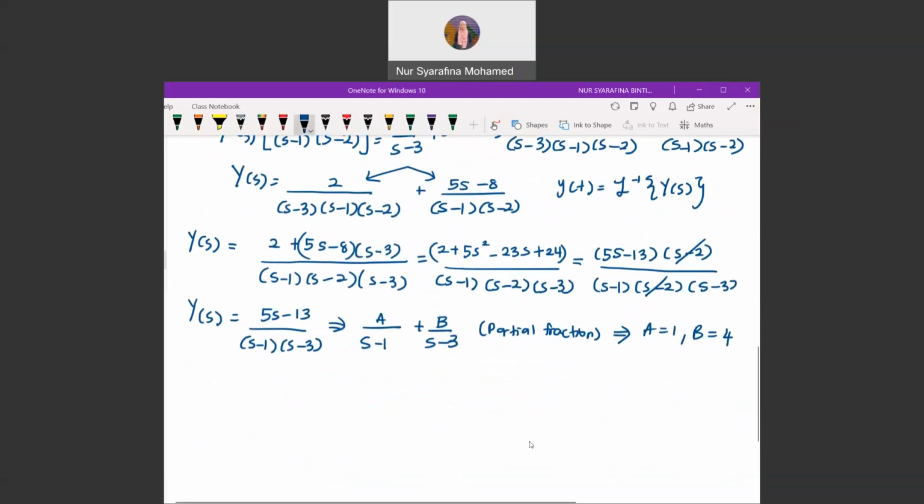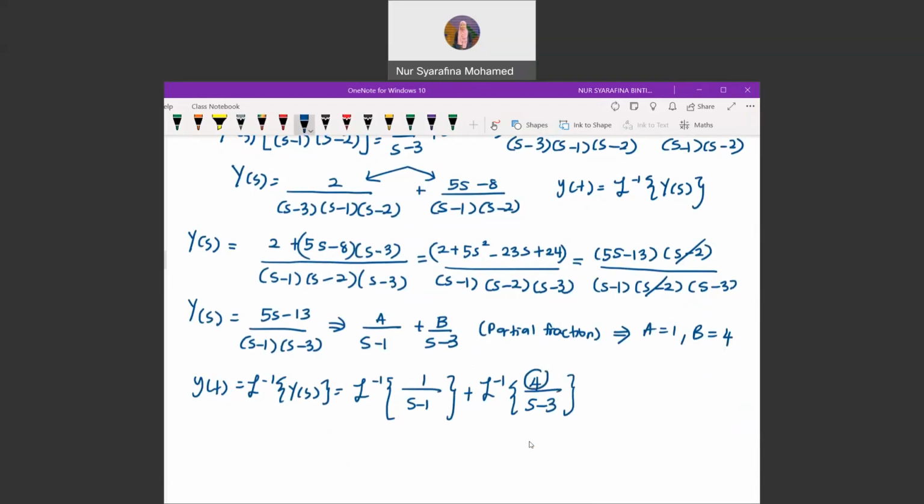Then in order to find y(t), you need to inverse transform Y(s), where you inverse transform the partial fractions that you have obtained: 1 over s minus 1 plus the inverse transform of 4 over s minus 3.